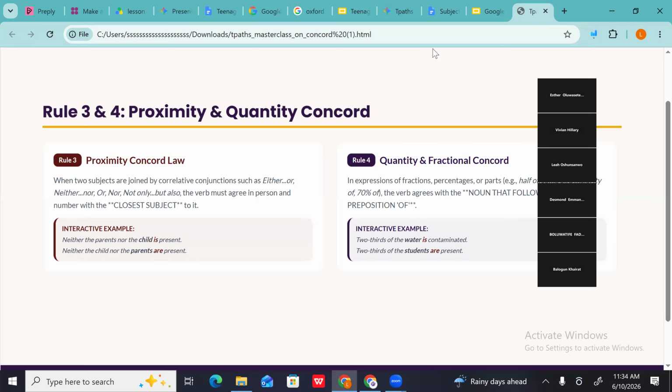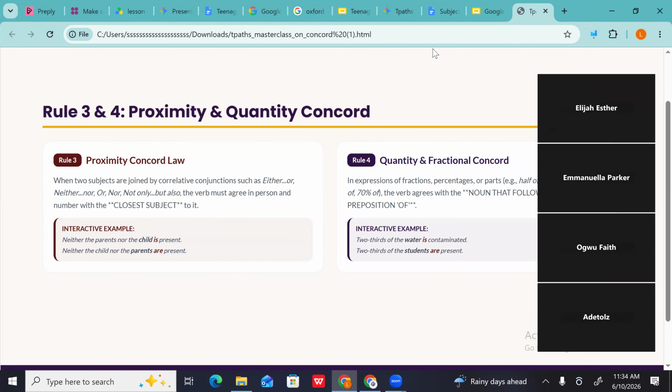Or is it that I'm too fast? Only Esther is with us. Okay, let's proceed.